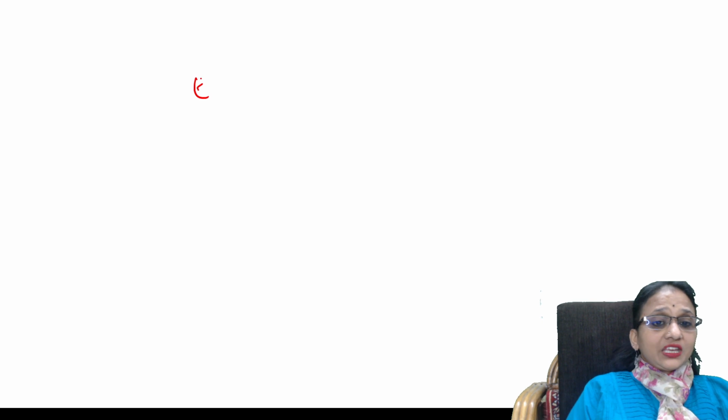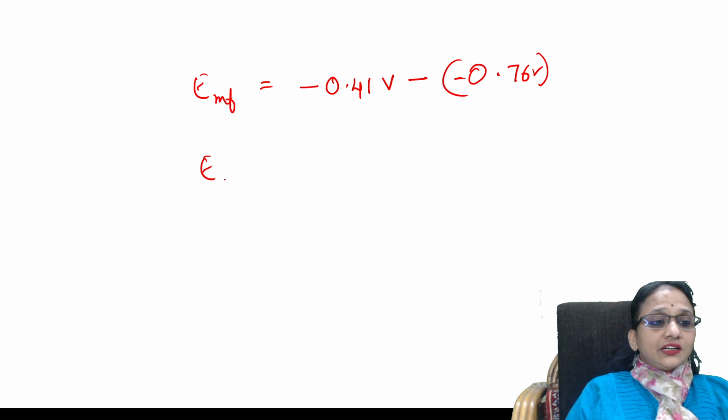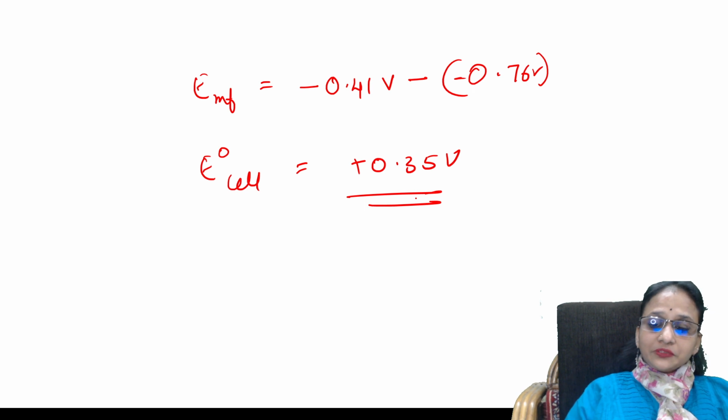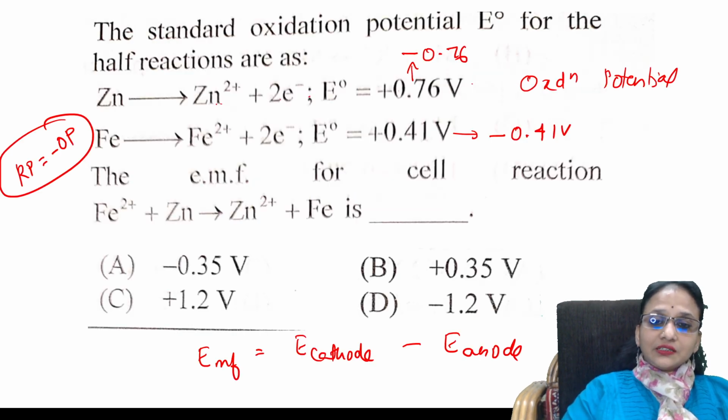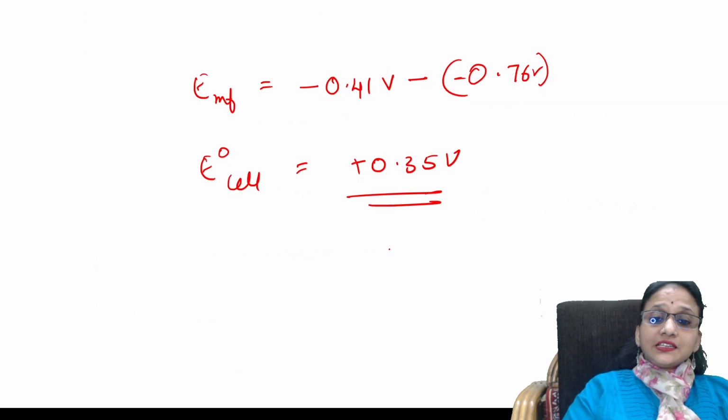EMF of the cell is equal to minus 0.41 volts minus of minus 0.76 volts, which is the answer. E naught cell at standard is equal to plus 0.35 volts. That's all. So what is the option left? Option B. Easy. Let us see the next question.